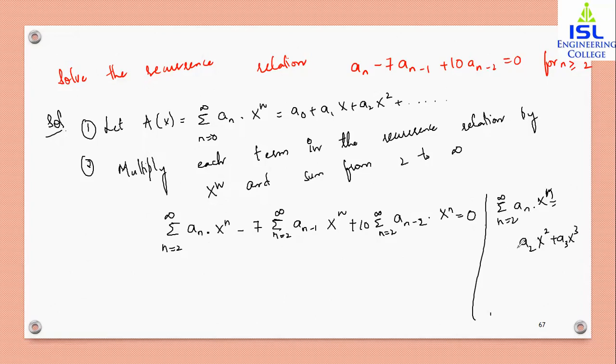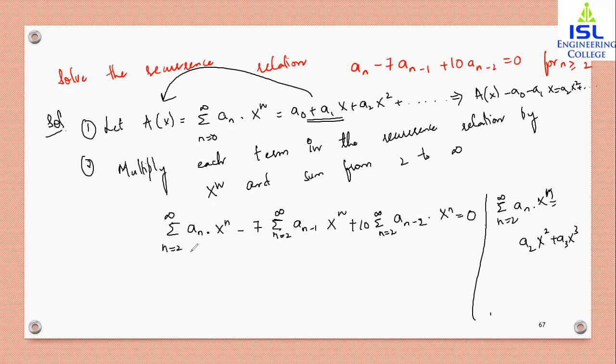So what about the first two terms? We can consider these first two terms over here. So we can even write this as A(x) minus a_0 minus a_1 x, which is equal to a_2 x^2 and so on till infinity. This is equal to the same thing we have written over here.